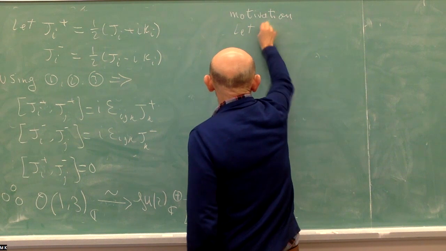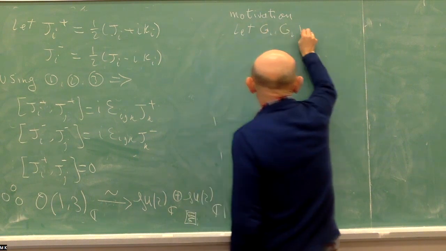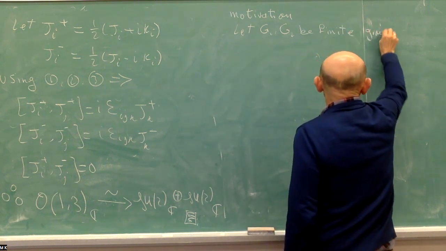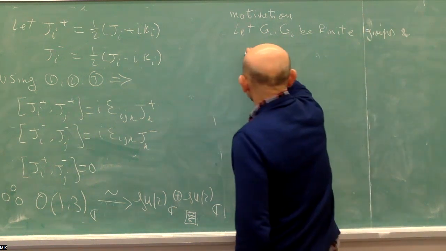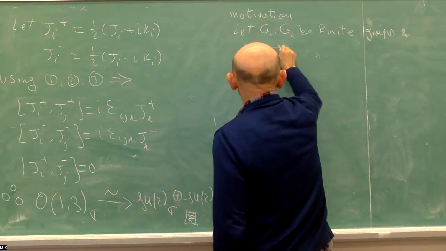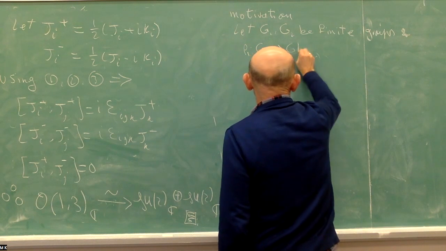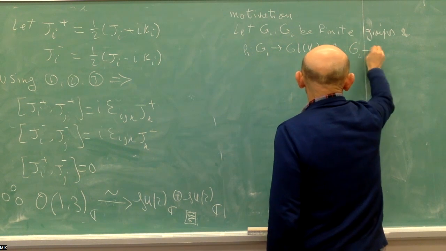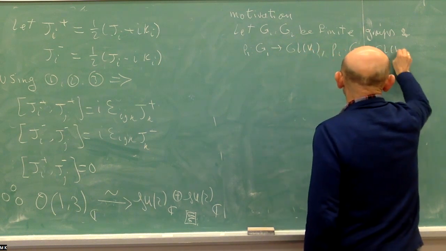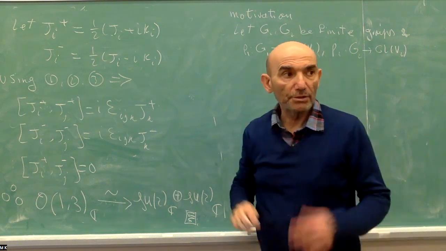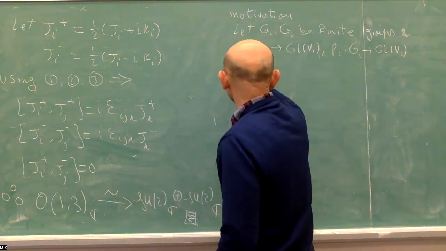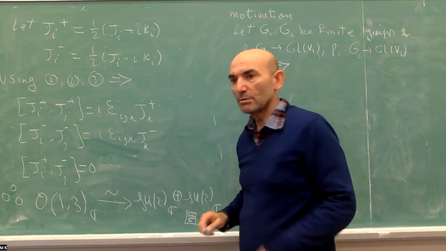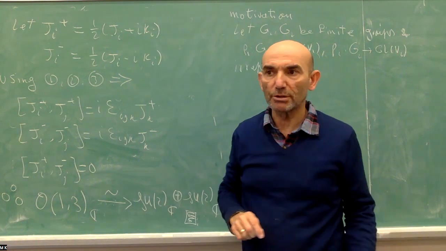Let G1 and G2 be finite groups, and rho 1 from G1 to GL(V1), rho 2 from G2 to GL(V2). These are irreducible representations, irreps. Then from here we get a representation for the Cartesian product of G1 and G2.